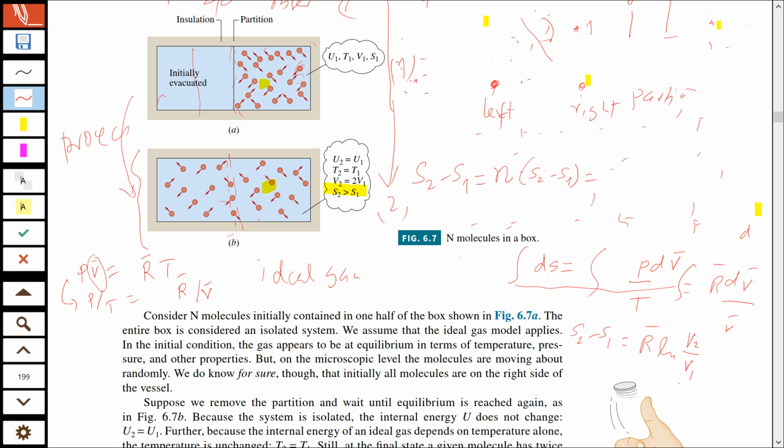So I can now plug this, and it turns out that S2 minus S1 is R bar log of V2 over V1. What is log of V2 over V1 in this example? 2. You can even calculate that.